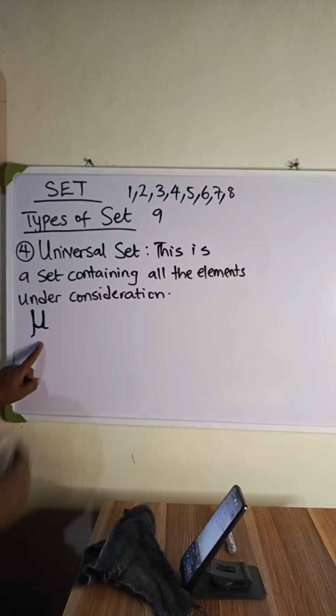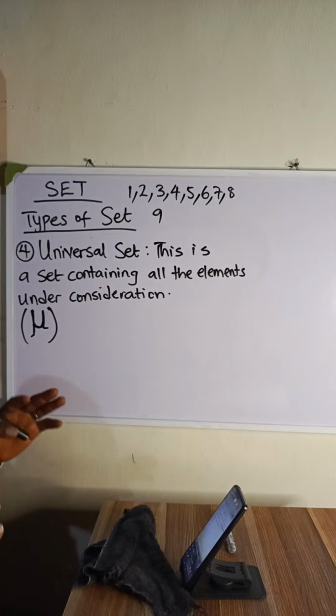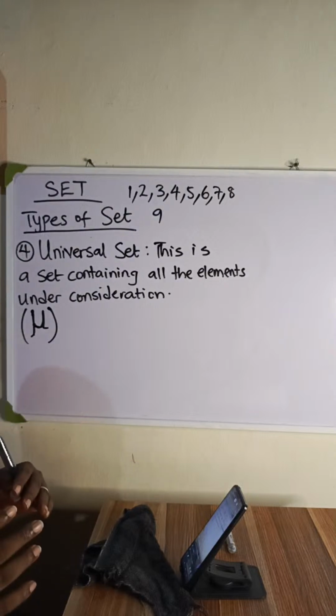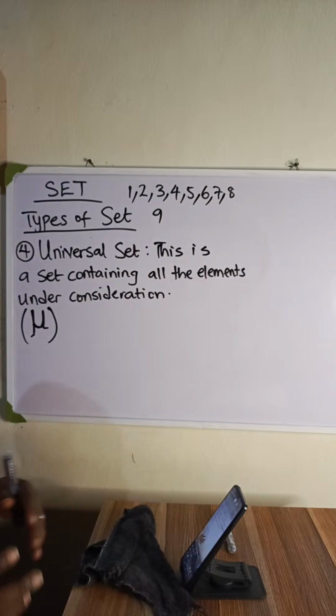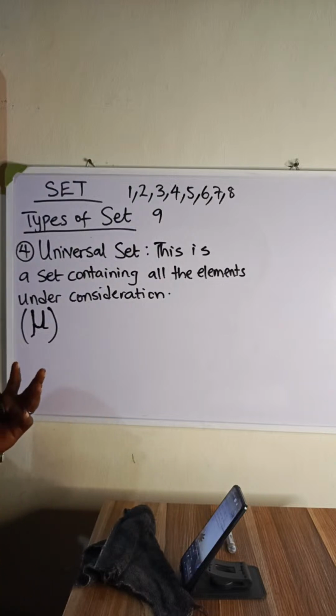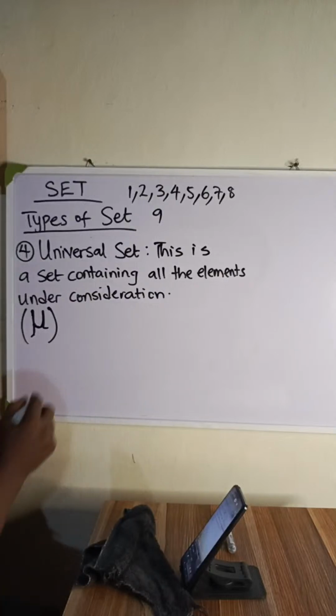So for example, you can have a universal set containing the names of all the states in Nigeria, or all the states in Uganda, all the states in Kenya, all the states in Canada, for example.